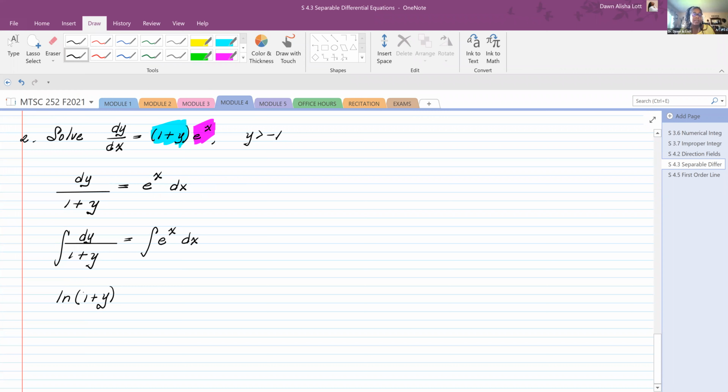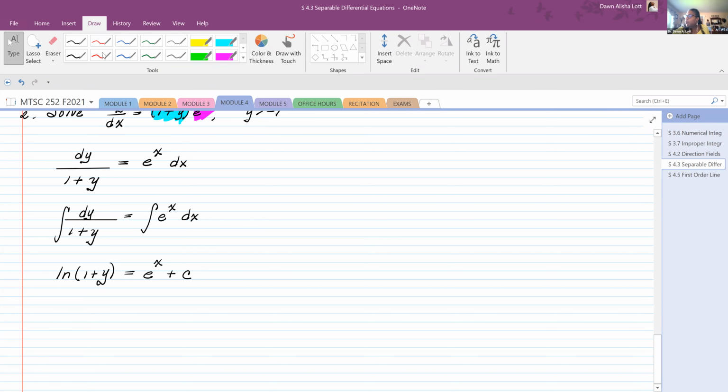I know I get a constant, but I'm going to put it on the other side. I get e to the x plus a constant. And since I didn't give you an initial value, I don't know how to solve that exactly. So that answer is just like it is. This is what we call an implicit function of y. In other words, I didn't solve for y.